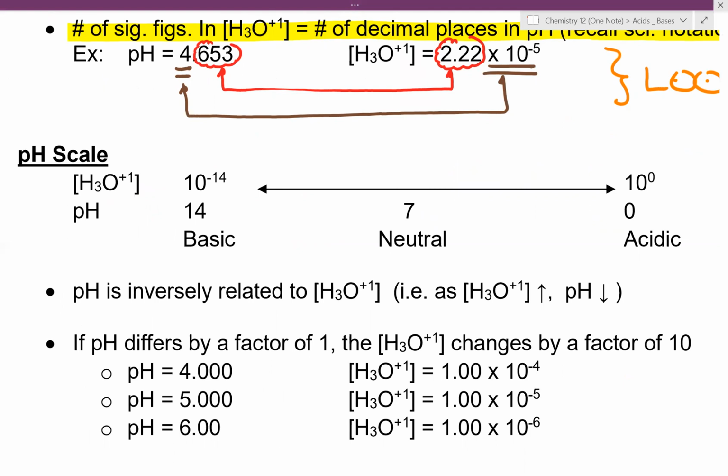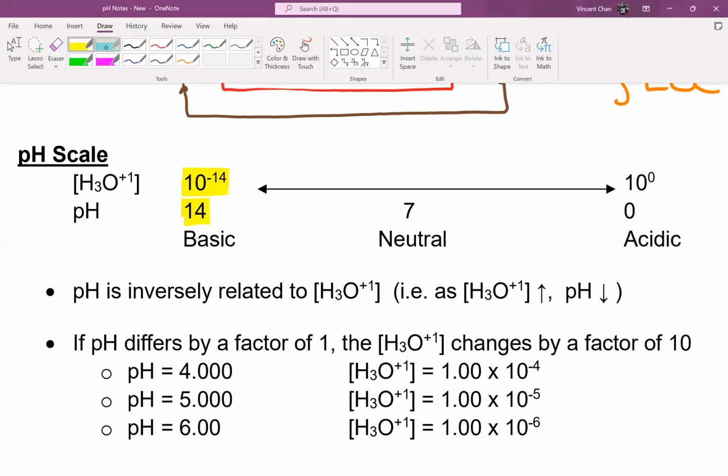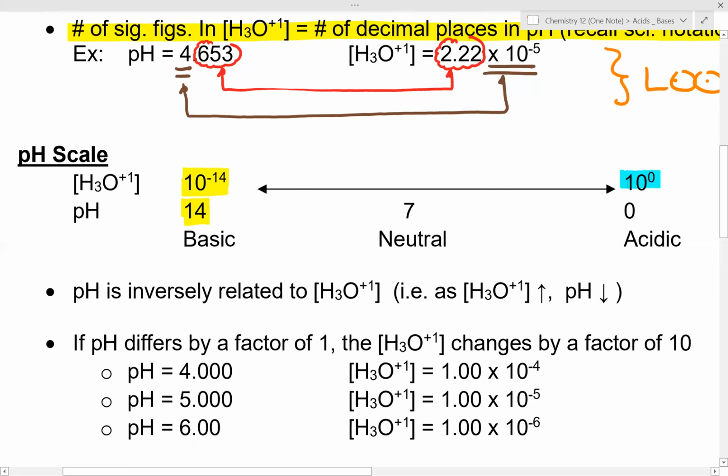Notice, if the H3O plus concentration is very low, 10 to the negative 14, the pH value is 14. It's a very high number. Conversely, if you take a look at a very high H3O plus concentration, 10 to the 0, which is like a molarity of 1, notice the pH value is 0. So pH is inversely related to H3O plus.